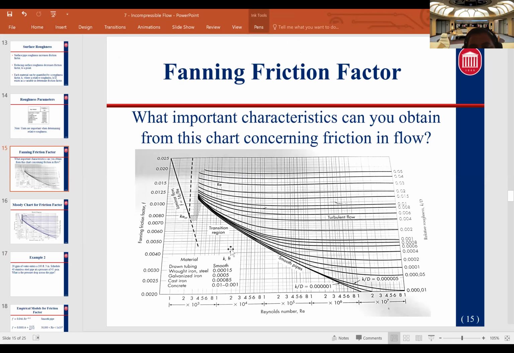So I would go up to where the 0.0006 line is, which should be somewhere in this mess. So I would estimate that friction factor as being approximately 0.007 was my f.